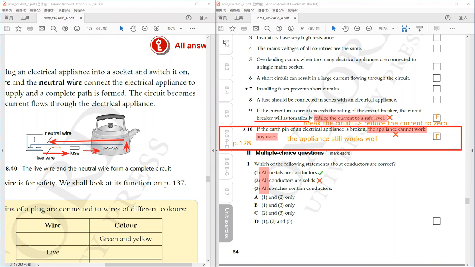All conductors are solid. For example, the metal mercury. The metal mercury is a liquid that can conduct electricity.